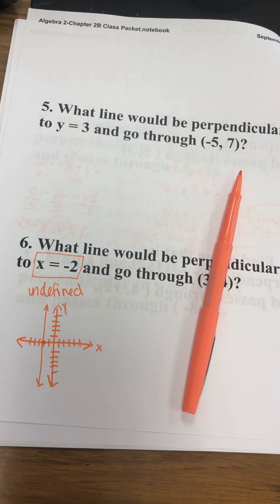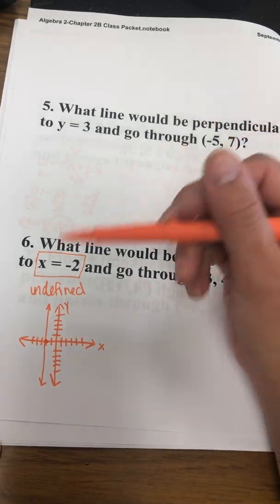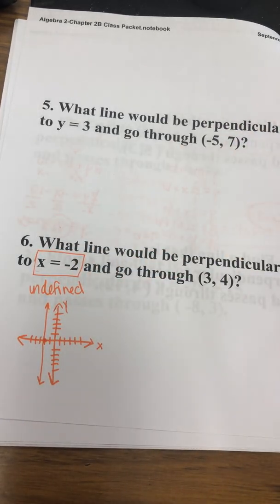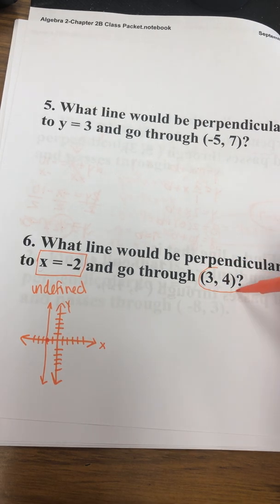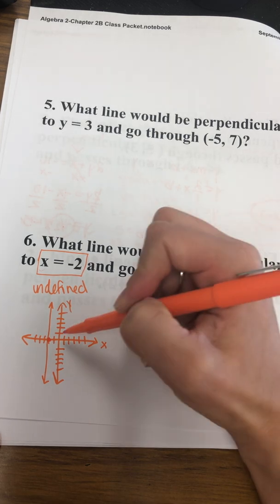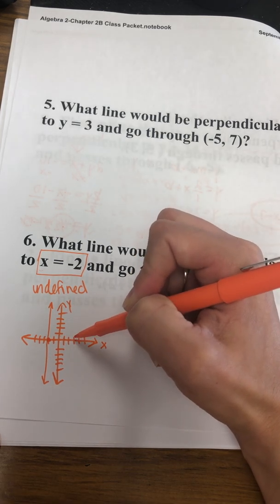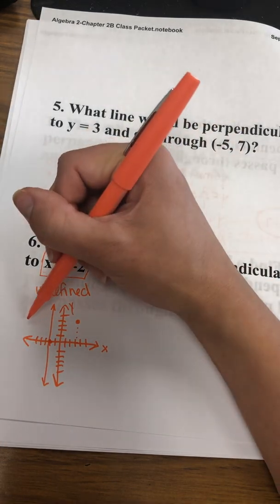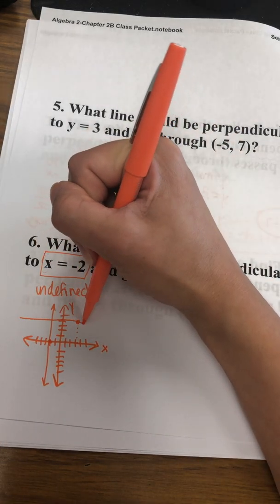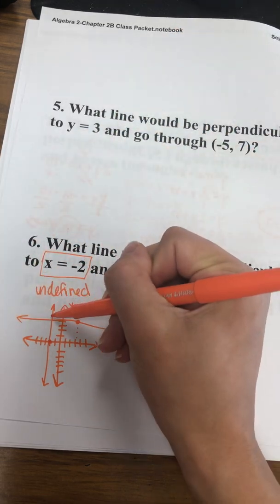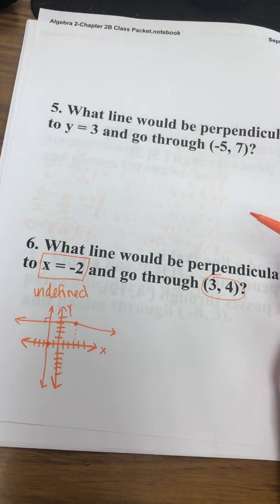There's nothing. So if we want to find a line that's perpendicular to this one, again, it has to intersect it at a 90-degree angle, we got to actually use this point and look at it on a graph. So if I plot the point over 3, 1, 2, 3, up 4, 1, 2, 3, 4, it would have to go through this point right here and create a horizontal line in order for them to intersect at a 90-degree angle.